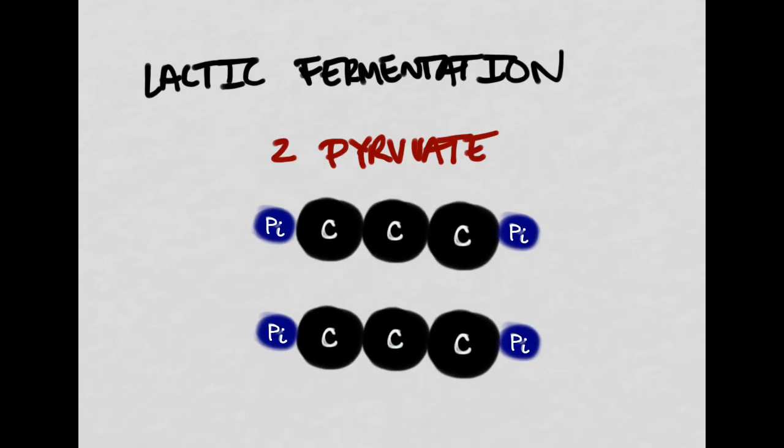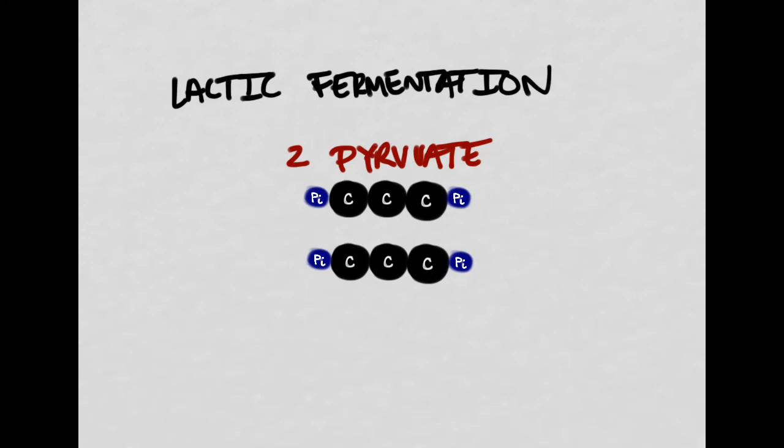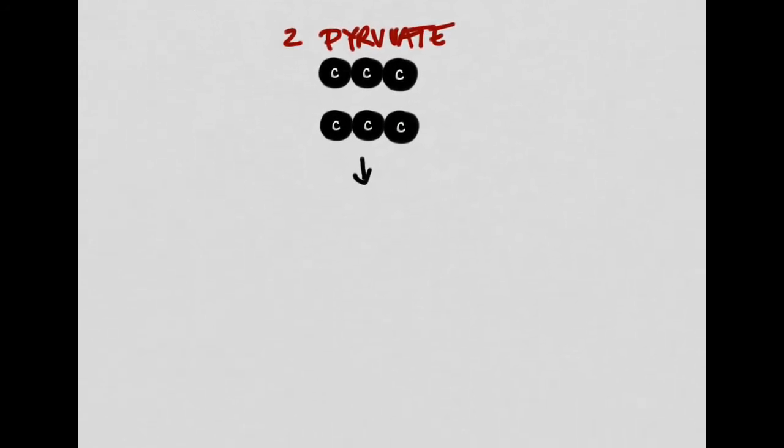These are 3 carbon molecules. They don't have phosphates on them. 2 3 carbon molecules. And these are going to enter into our fermentation pathway. So let's make a box here that says fermentation.